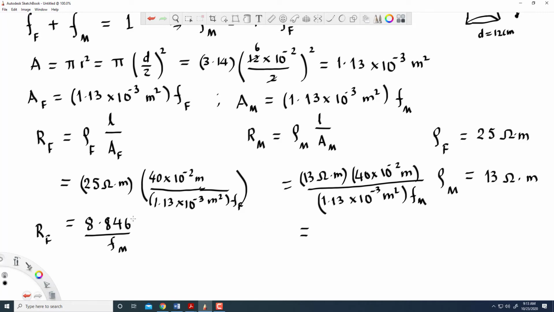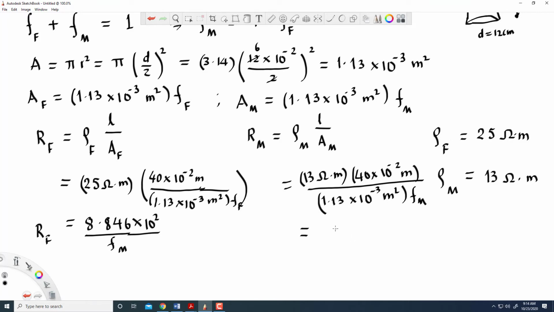There is times 10 to 2 also. So for this one, 13 times 40 times 10 to minus 2 over 1.13 times 10 to negative 2.